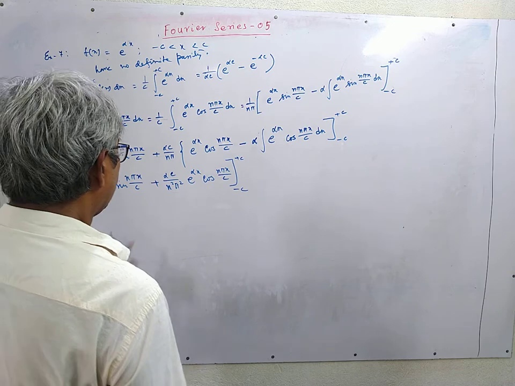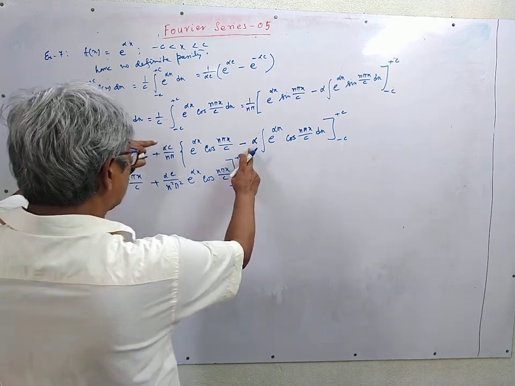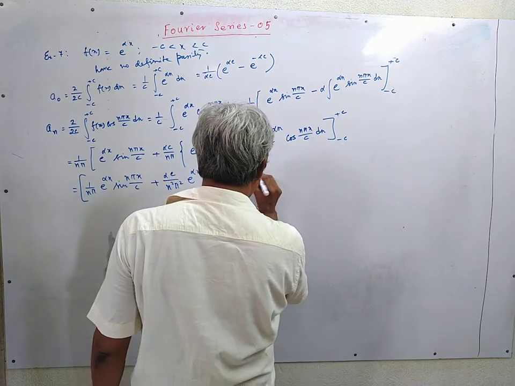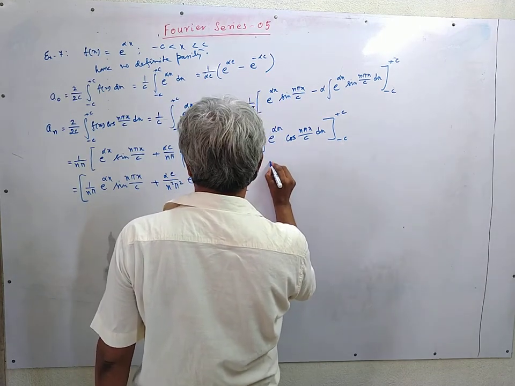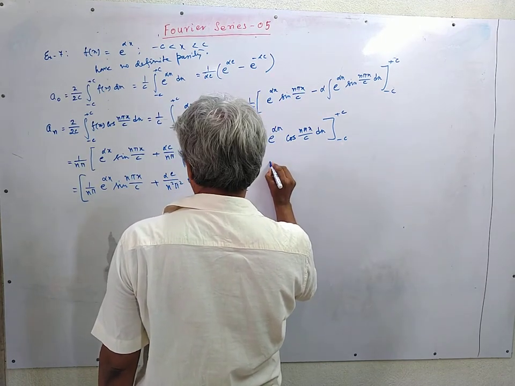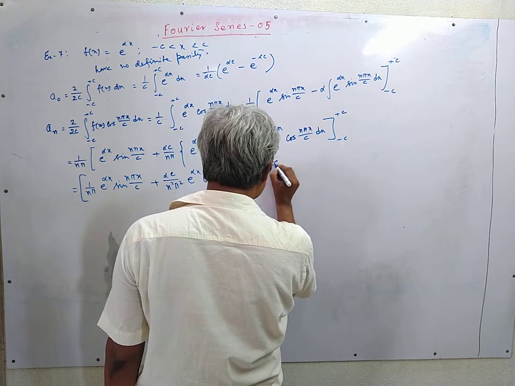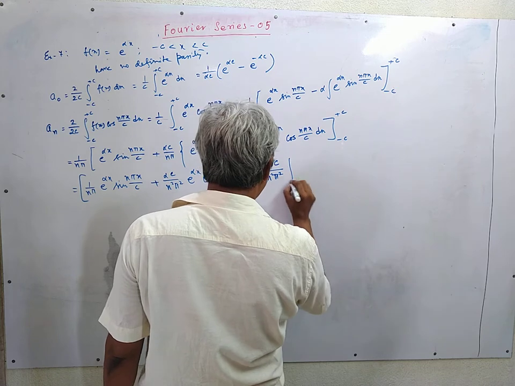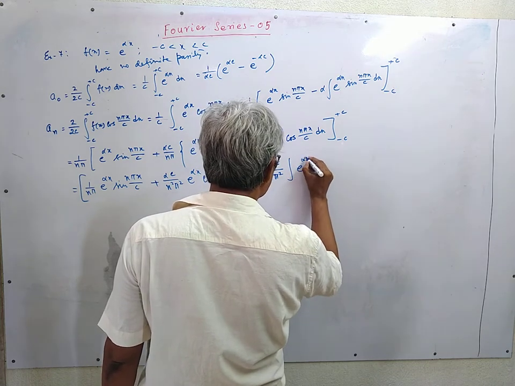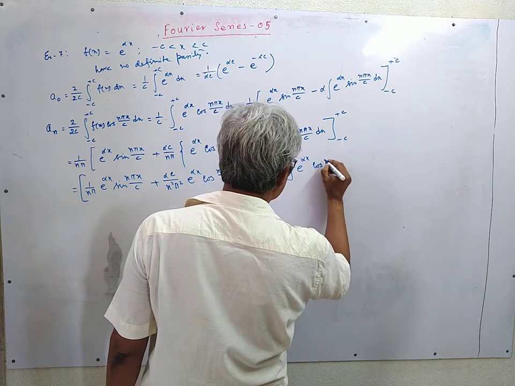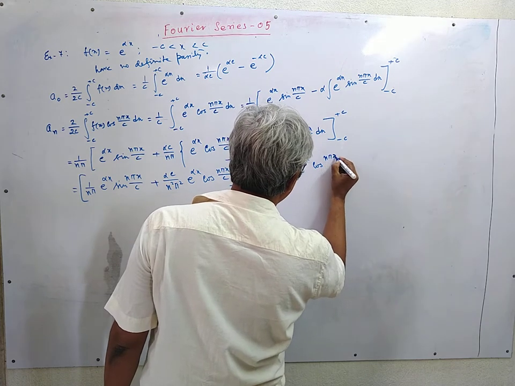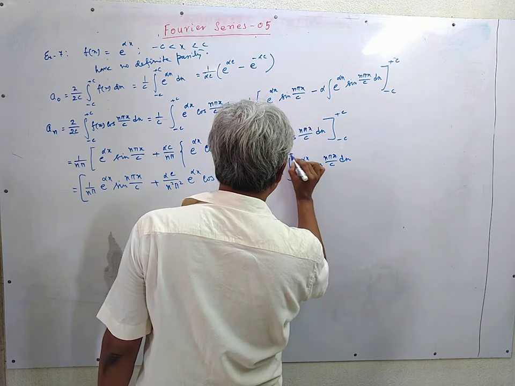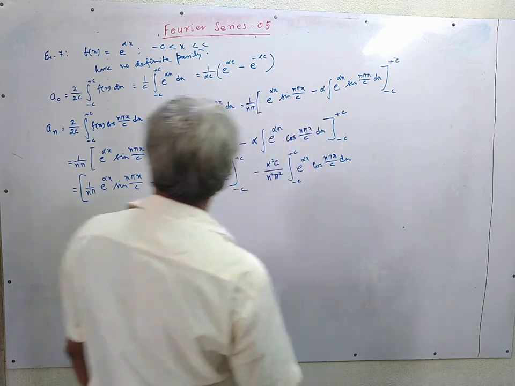And finally this term, this is minus alpha square c square upon n square pi square times the integral from minus c to plus c.